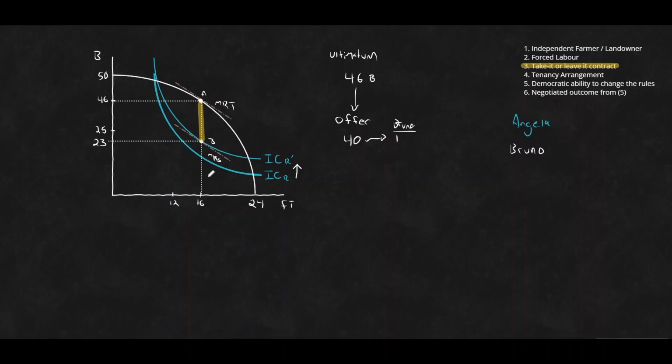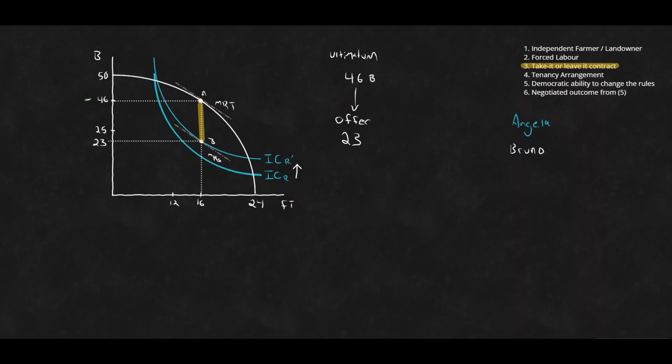And so if Bruno knows this, Bruno can actually get away with giving an offer of 23 and saying, hey, you get to work the land, you get to keep 23 bushels, and I'll get the rest. That is, take it or leave it. You get 23 bushels for working, and I'll get everything left over from that. Or I'm going to just charge however much you decide to produce. Bruno says, I'm going to take 23.